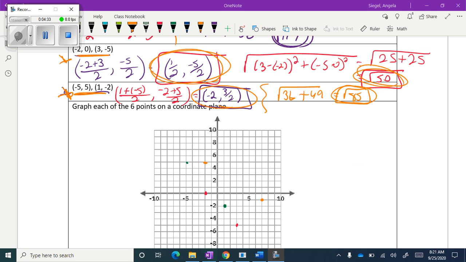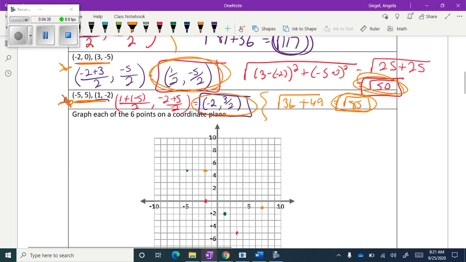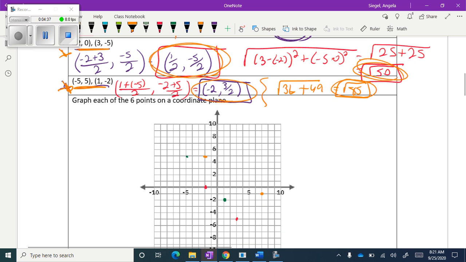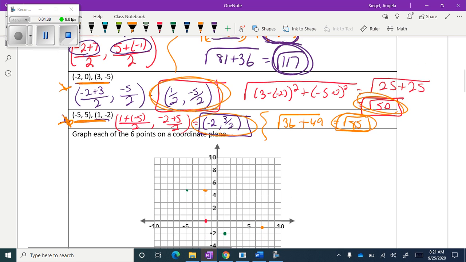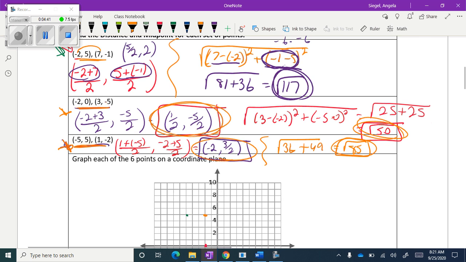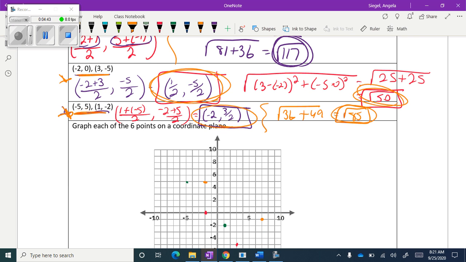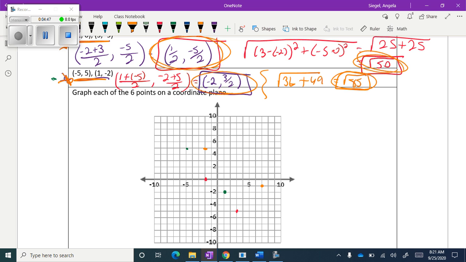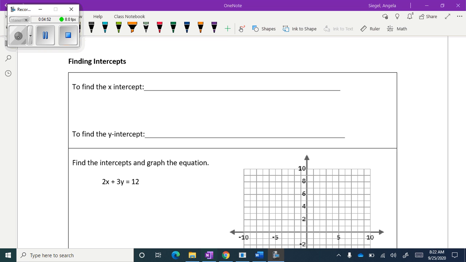I just wanted to make sure that you plot your x's where they should be and your y's where they should be. The orange dots are from the first problem, the red dots are from the second problem, and the green dots are from the third problem. Just make sure that your dots match up with mine.